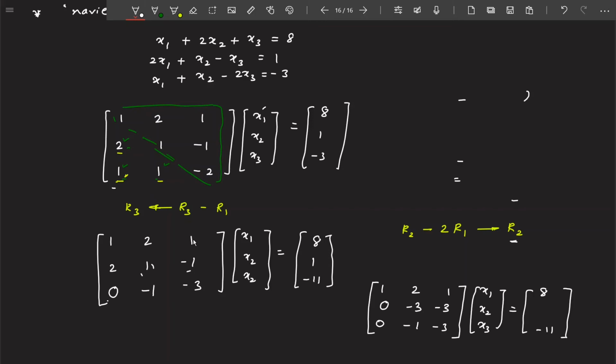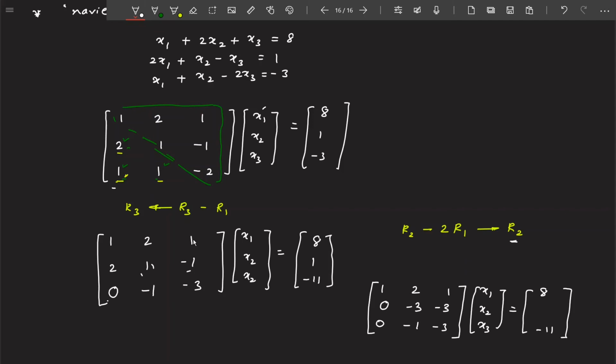You have to be very careful here because the chances of making a mistake are very high, because you're dealing with addition and subtraction. You might forget a sign or something, and if that happens, the whole solution is going to be wrong. So you have to be very careful about the sign.